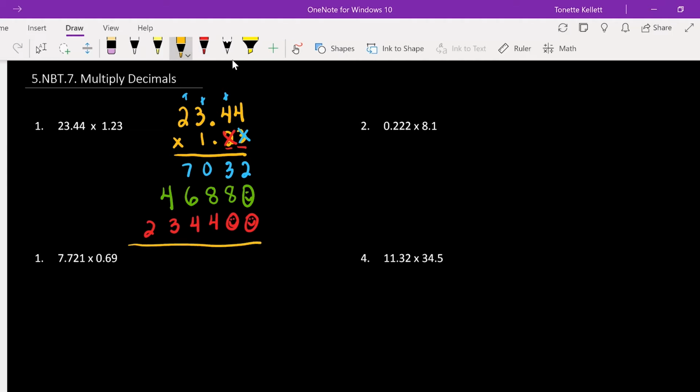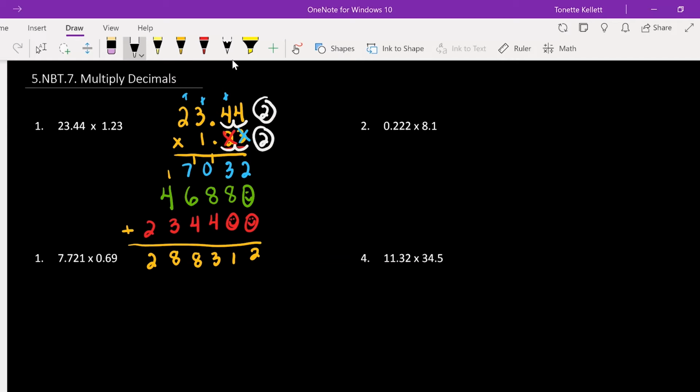Now we'll just add. 2, 11, 13, 18, 8, and 2. The last thing you need to do now is count how many places you have for decimals up here. You have 2 and 2.